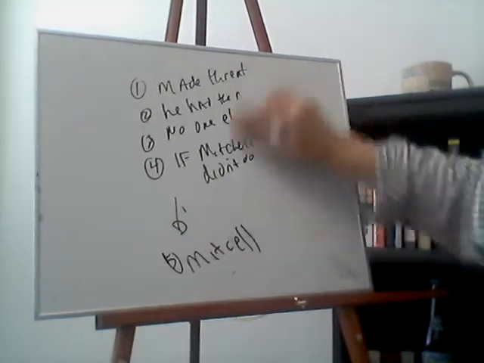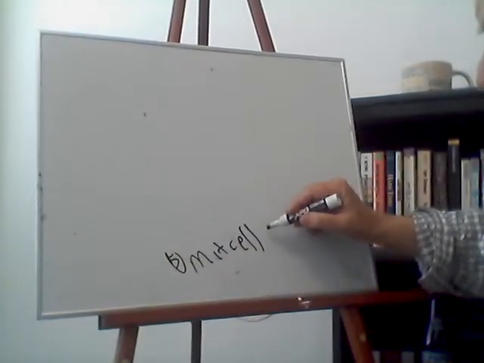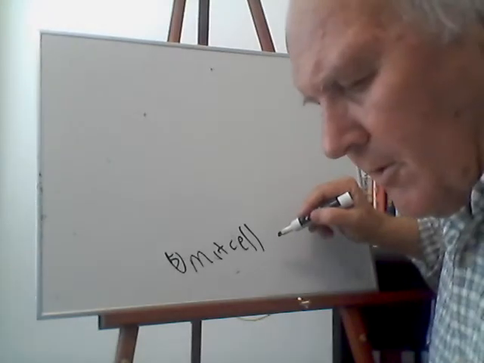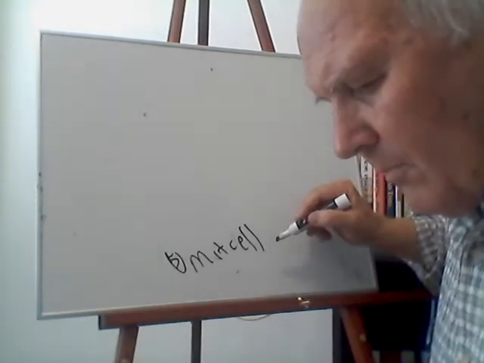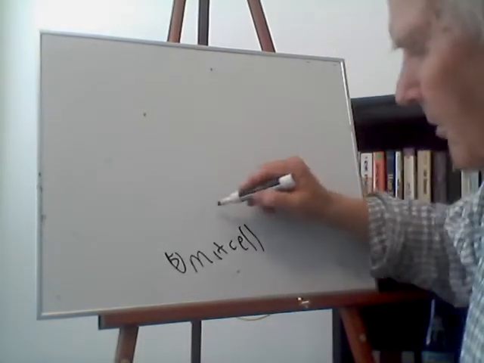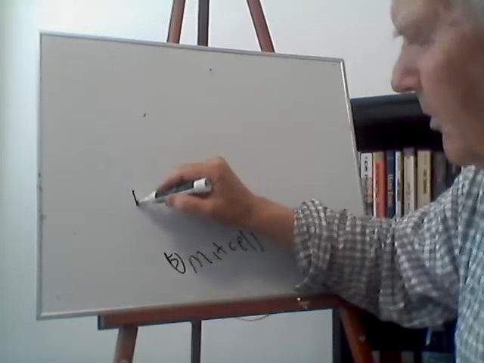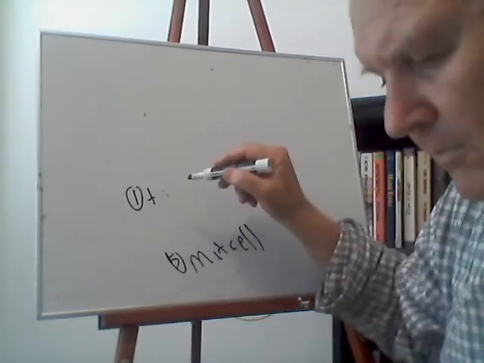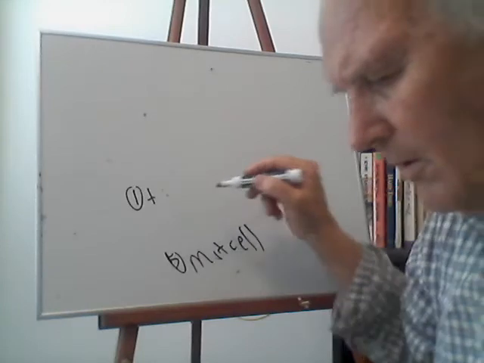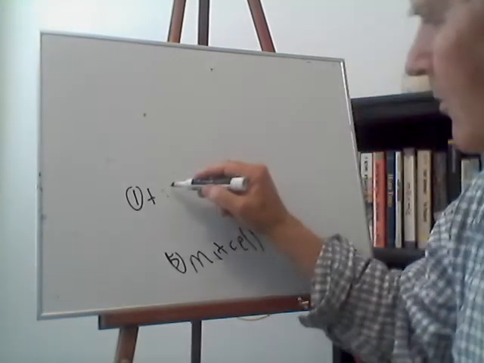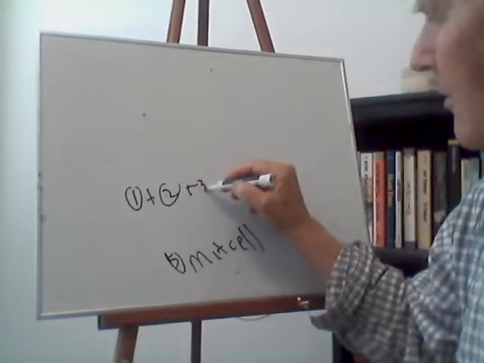If you're going to diagram it, the conclusion is Mitchell did it, or what did he do? He shot the person. I don't know if they killed him or not. The reason would be because of 1, who else, 2 plus 3 plus 4.